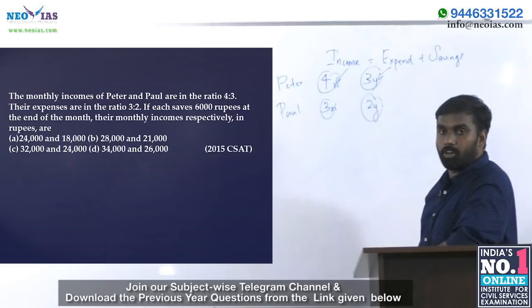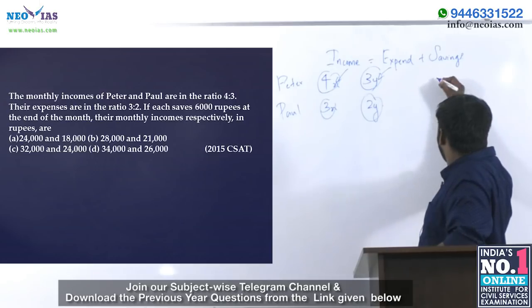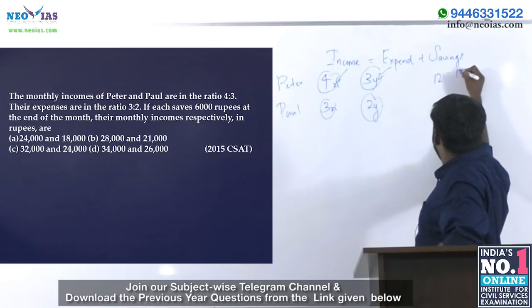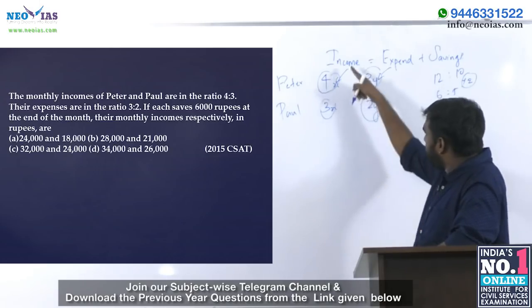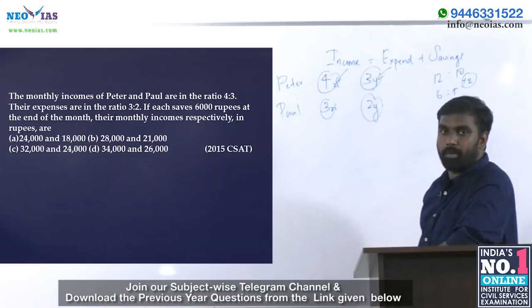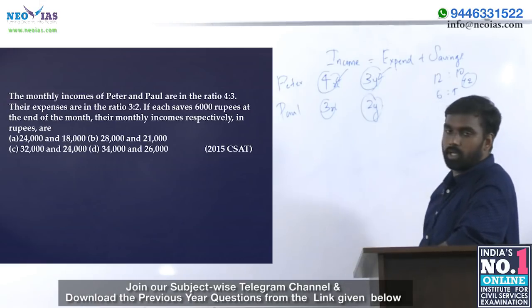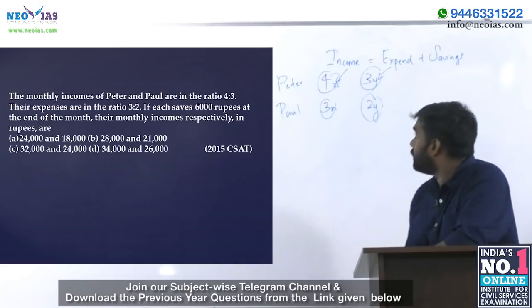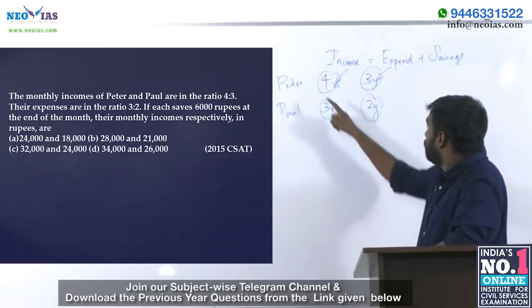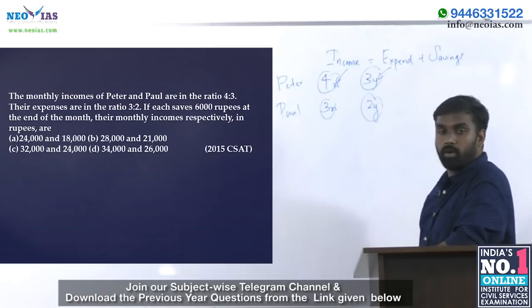In the case of ratio, if we have 12:10, we will cut it as 6:5, right? So, 2 is cut off here. Similarly, x is the parameter cut out from both numbers in income, and y from both numbers in expenditure. So, here we have 4x and 3y for Peter, and 3x and 2y for Paul.